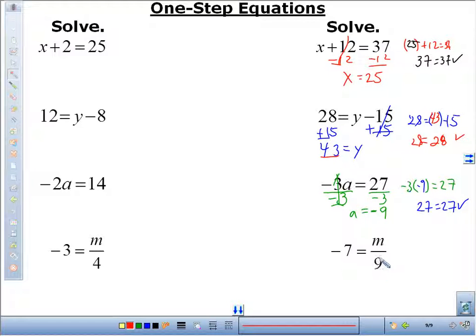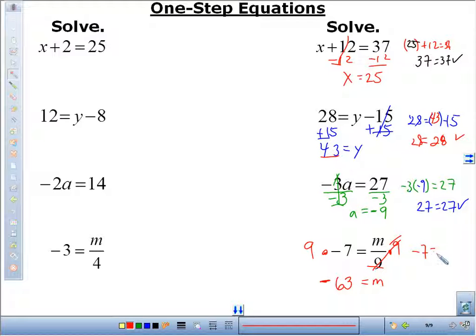And the last one. M divided by 9. So if the 9 is dividing, what is the inverse? Multiplication. So we multiply times 9, times 9. 9 over 9 is 1. What is 1 times m? M. Let's see over here. Opposite sign, so this is going to be a negative. 9 times 7, that's 63. I'm going to rewrite this equation.